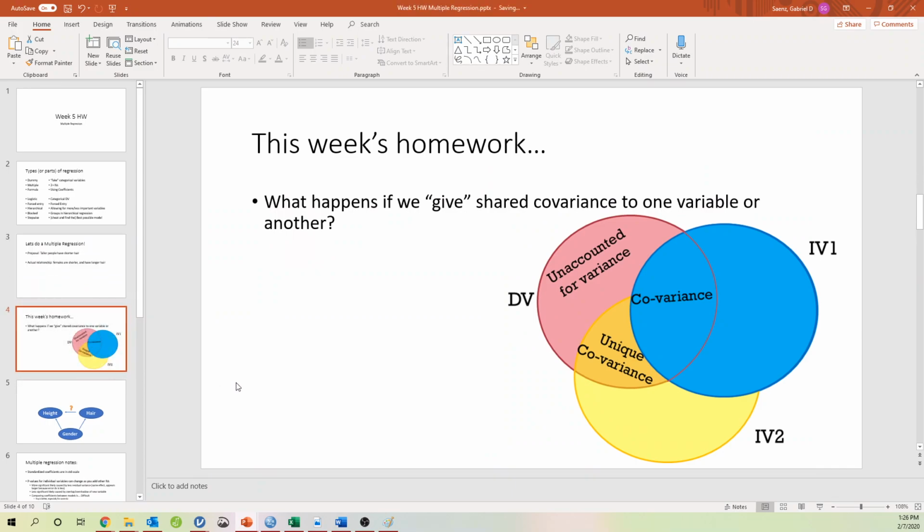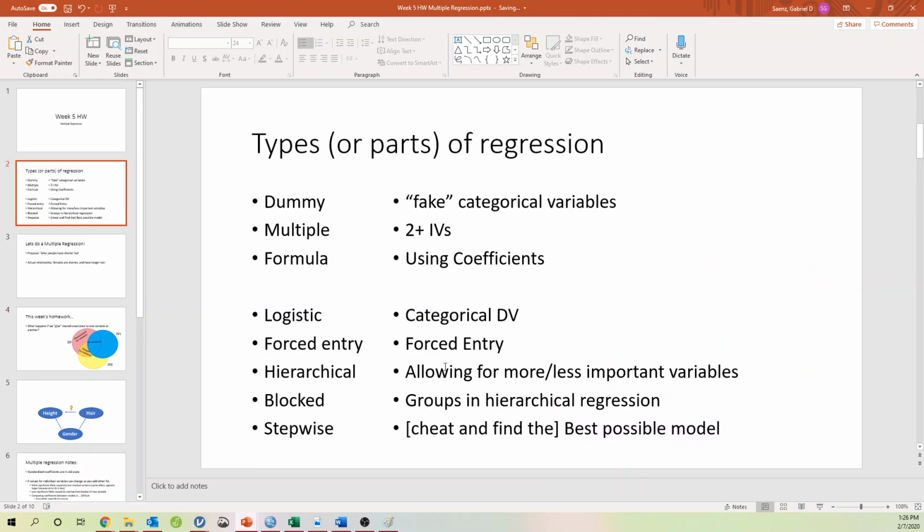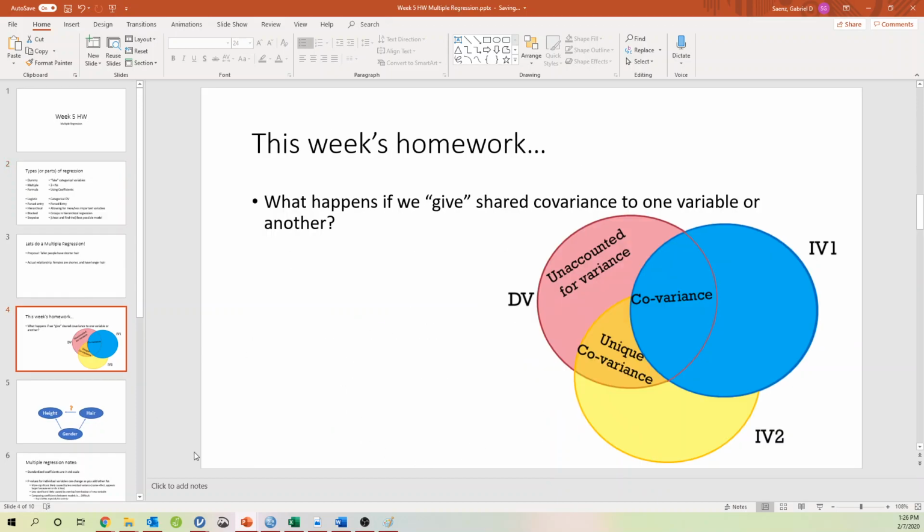So this week's homework, we're going to be working with these different types of multiple regressions, and they allow you to choose to allocate shared covariance. Remember, there's a little bit here where the yellow and the blue overlap. This shared covariance bit, you can choose to allocate it to a variable. So it's kind of like saying, independent variable 1, we're going to put you in the regression first. We're going to give you all the chance that you can possibly have to be significant to make our model good.